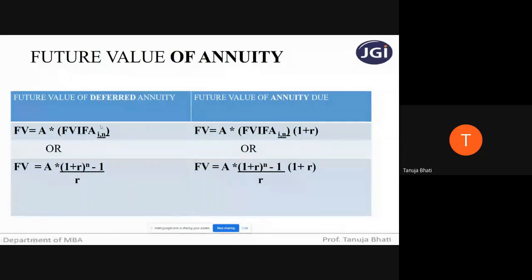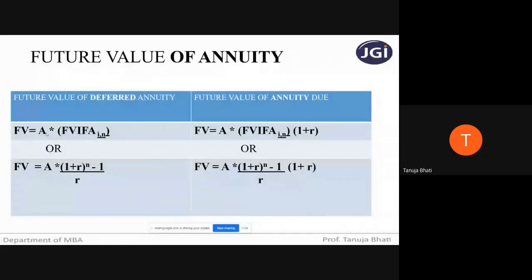A here means the annuity, or you can also replace it by the cash flow. What is the meaning of annuity? A series of equal payments. So suppose every year you're depositing 15,000. So here 15,000 will come. So A here is representing the annuity. You can also replace this A by CF, the cash flow.